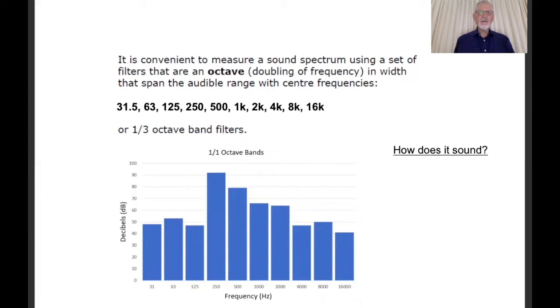It has frequency bands, centered on different frequencies: 31.5, 63, 125. The ones we're particularly interested in are around 250, 500 to 1K, which are the frequencies of the human voice. So if you are interested in being able to hear people speaking, you would be looking at noise in that fairly narrow bandwidth between 250 hertz and 2 kilohertz.